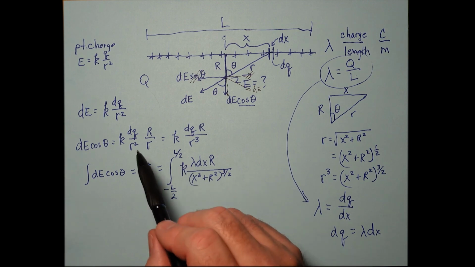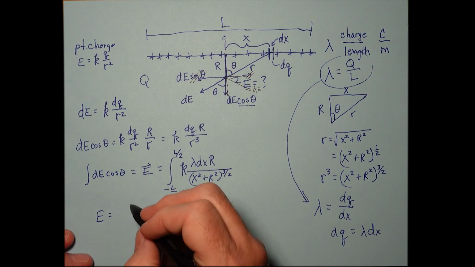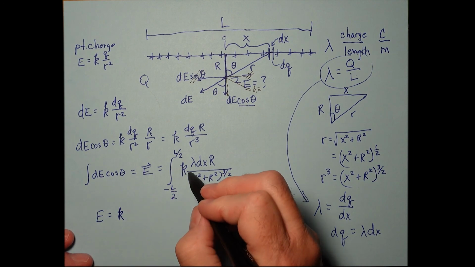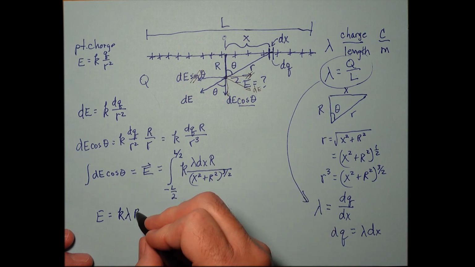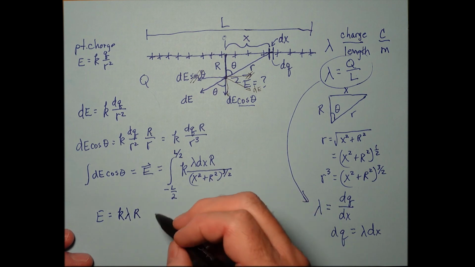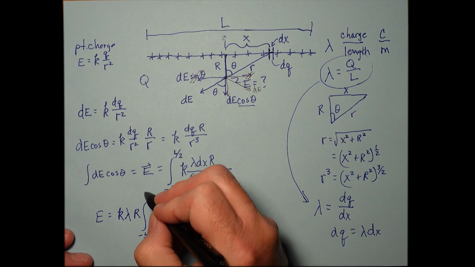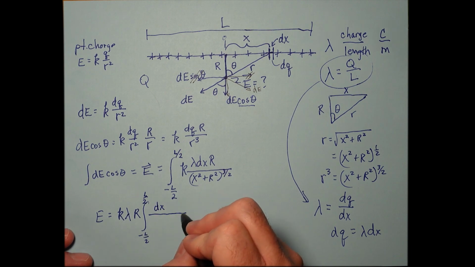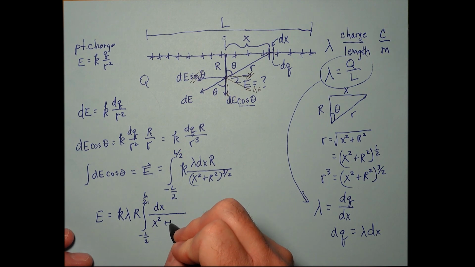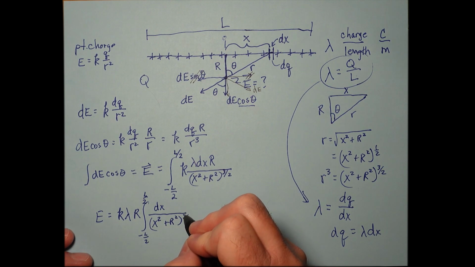Now we've got some things here that we can factor out, so let's factor out what we can. This is k. Lambda is a constant. Big R is a constant. And everything else, from minus L over 2 to L over 2 of dx over x squared plus r squared to the 3/2.